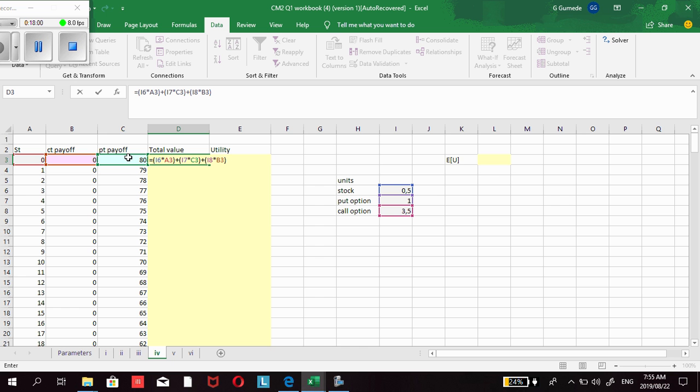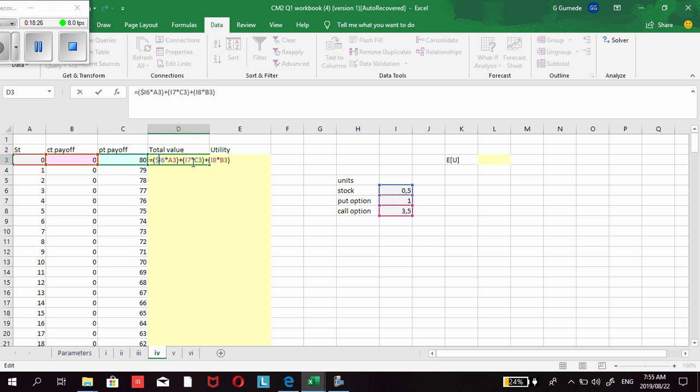Now you've got to be a little bit careful here, because I want to lock these values. When I drag this down, I want to keep the value of 0.5, I want to keep the value of 1, and I want to keep the value of 3.5. So I'm going to use the dollar sign to lock these.